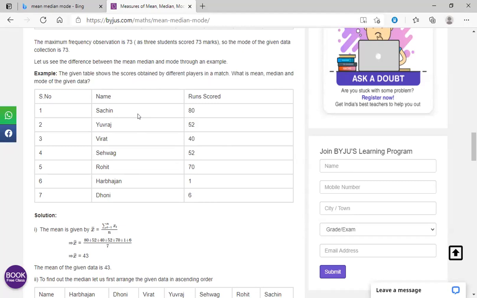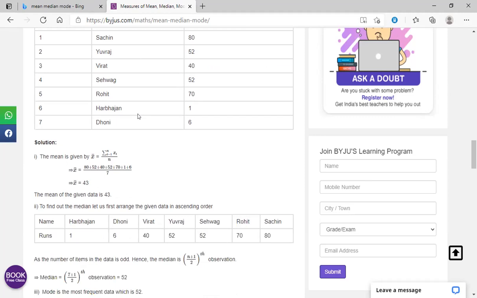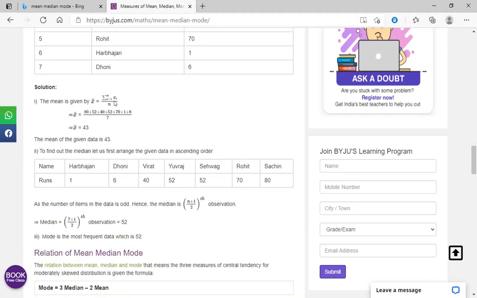So this is a simple form of data given in the table. Runs are scored by different players. The mean is given by x bar, which is sigma xi upon n, where n is the total number of observations.